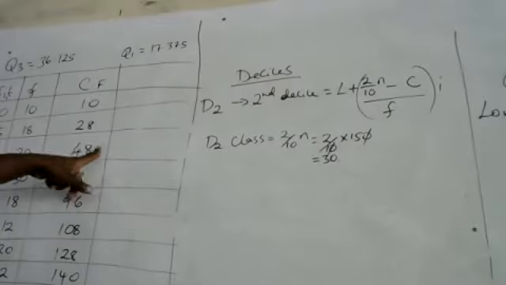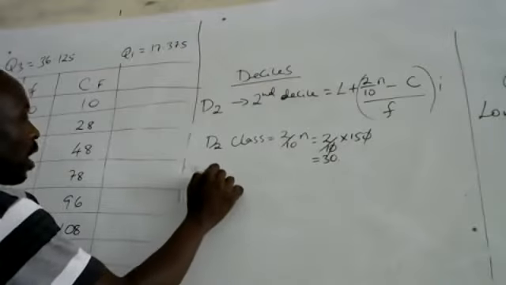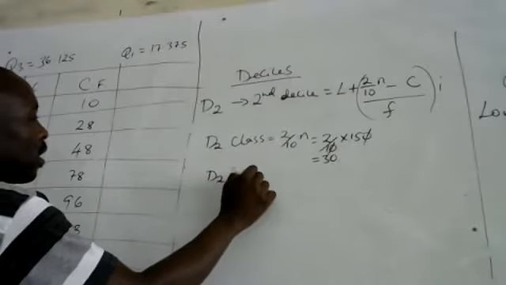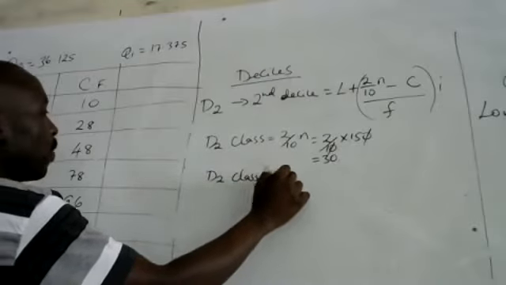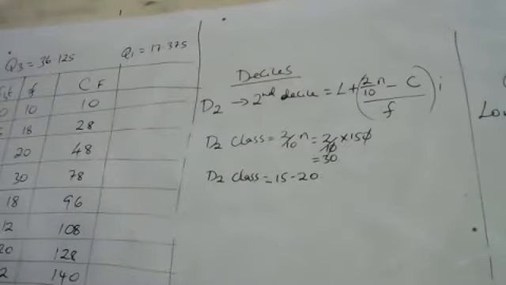It falls where we have 48. So we take this class as the D2 class, which is 15 to 20.